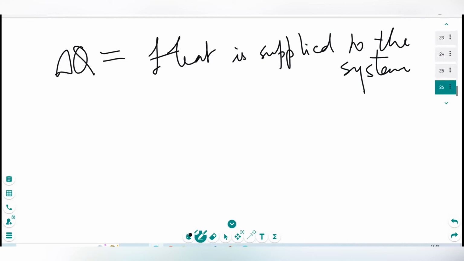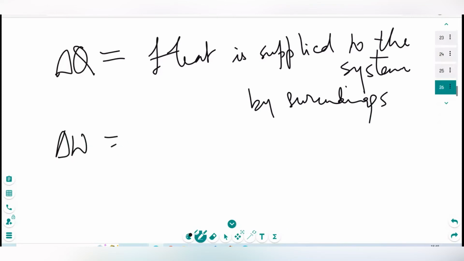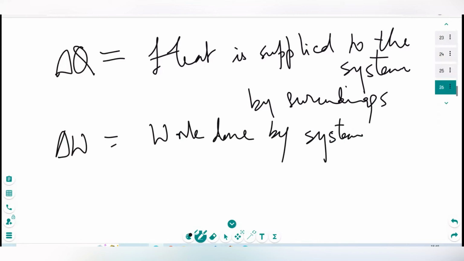I am applying it to the system, by the surroundings. Please don't mind the spellings and the handwriting. Work done by whom? Work is done by the system, on the surroundings.